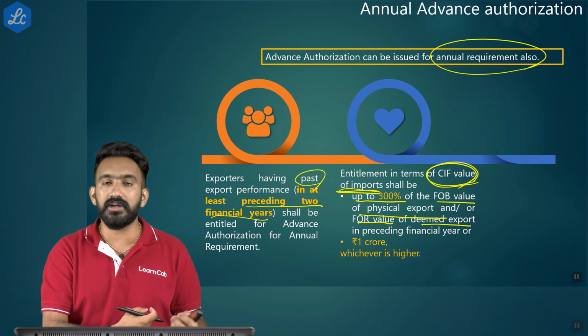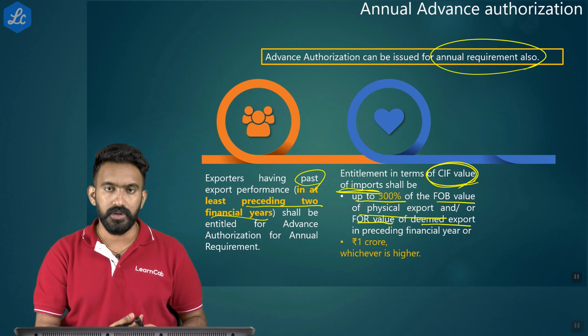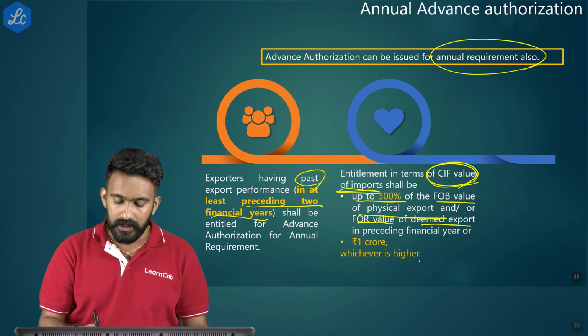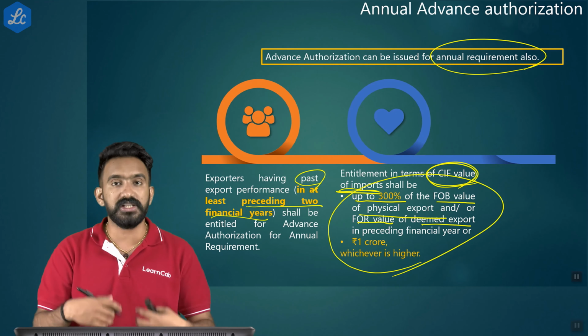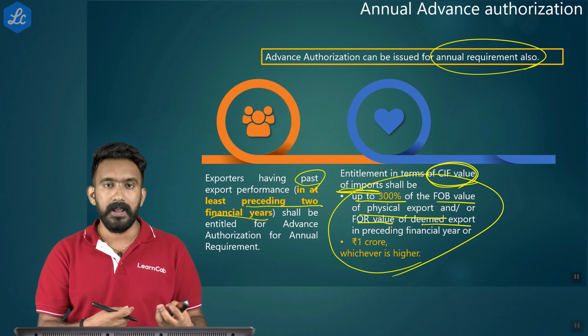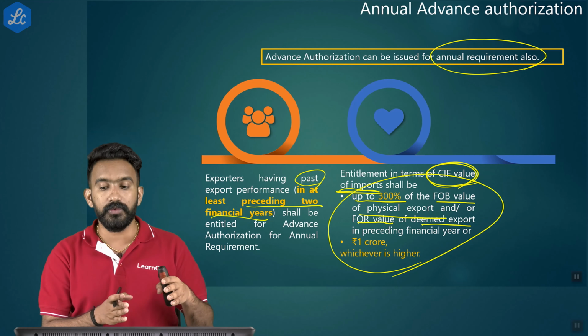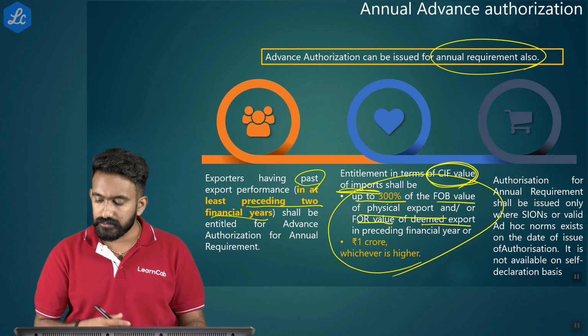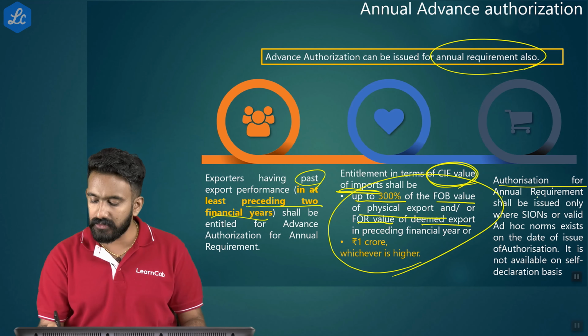300% of that is the duty free import I can do. Or if that value is less than 1 crore, then 1 crore. So of these two, whichever is higher would be the value that I can actually import duty free if I am going for an annual advance authorization. Authorization for annual requirement shall be issued only when SIONs or valid ad hoc norms exist on the date of issue of authorization.